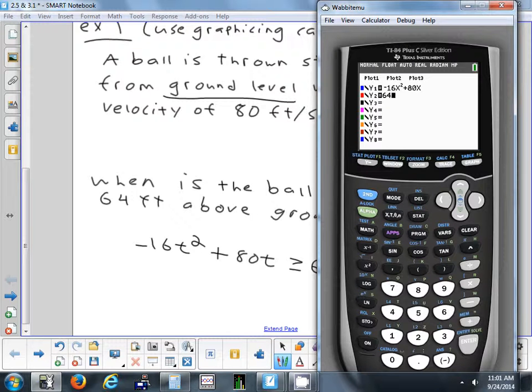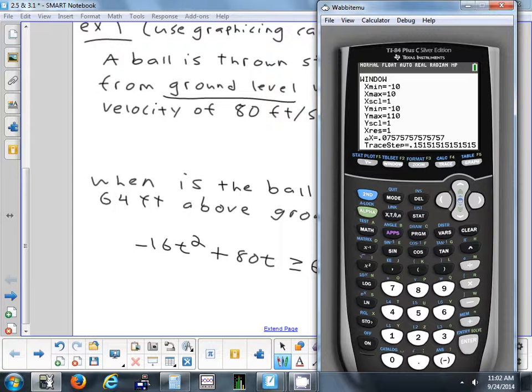Okay, so my y values, I know I'm going to have a horizontal line up at 64. So if I do a standard window, that's not going to work. Let's set the y max up to like 110. If the ball goes higher or whatever we're throwing is above 110 feet, we're going to go off the screen. We're going to have to fix it.